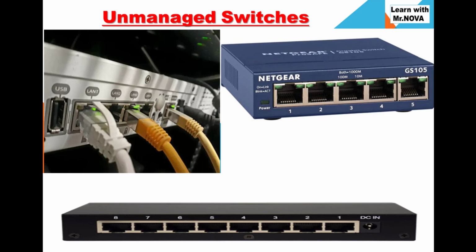They don't need configurations to work properly. Unmanaged switches don't need configurations. You just simply have to plug in the Ethernet cables, like you can find the Ethernet cables plugged in any of the Ethernet ports, and in that light, the device can be connected to a network.